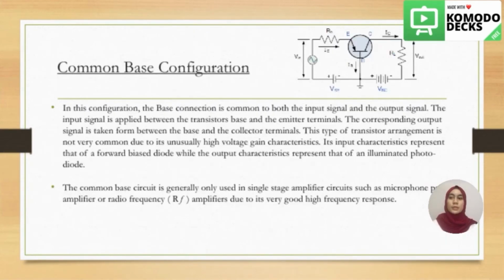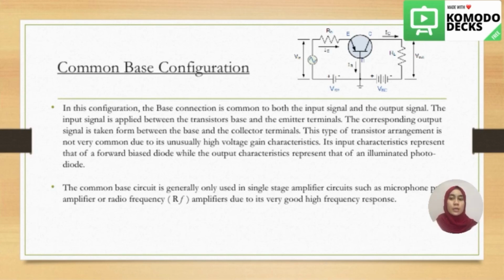The common base configuration. In this configuration, the base connection is common to both the input signal and the output signal. The input signal is applied between the transistor's base and the emitter terminal. The corresponding output signal is taken from between the base and the collector terminals.